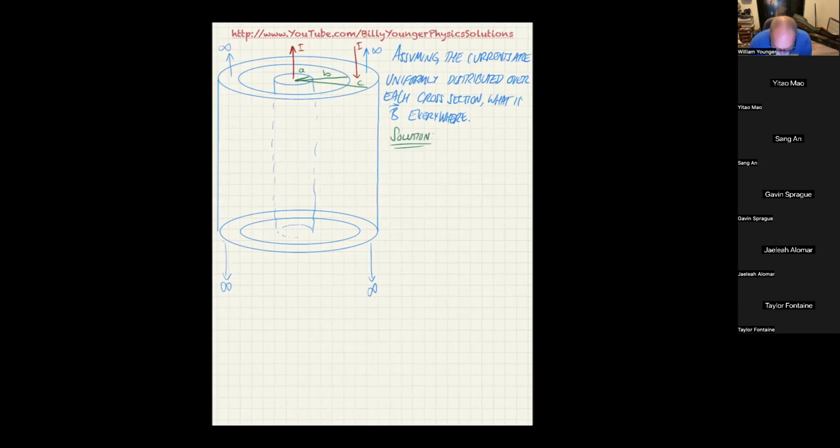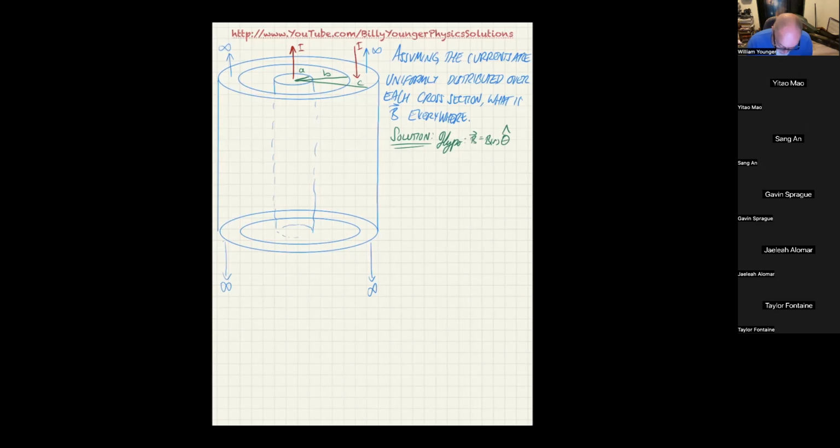First off, my hypothesis is that B is equal to B of r times theta hat. That's why I told you what coordinate system we're using. What I'm going to do is attack each of these little segments.